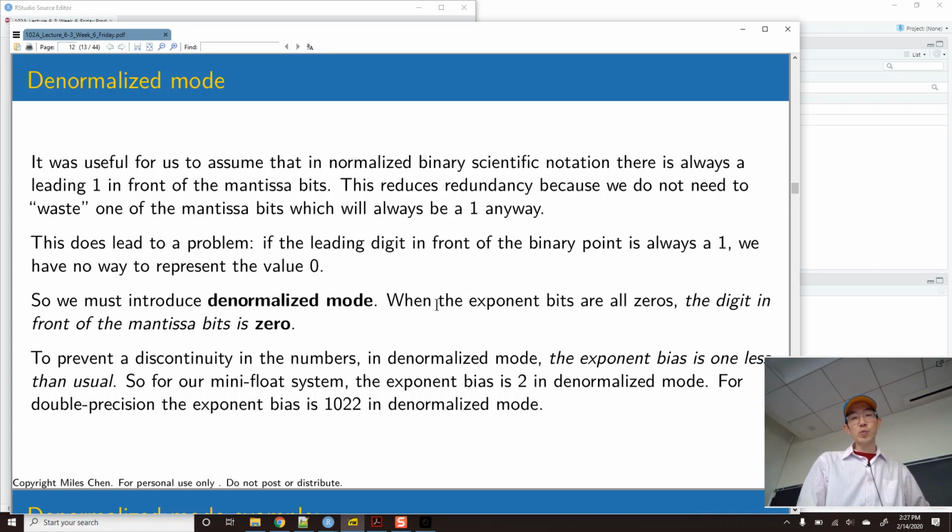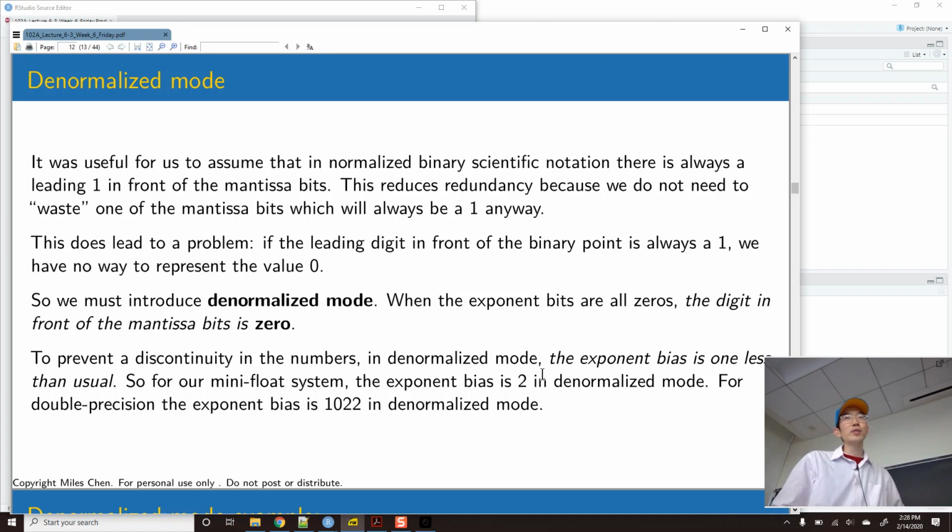This is when the exponent bits are all 0, the digit in the front of the mantissa bits is going to be 0. So normally we assume it's always 1, but in denormalized mode, that leading digit is going to be a 0, meaning it is no longer normalized scientific notation, and that's why we call it denormalized. What also happens is that the exponent bias becomes 1 less than usual.